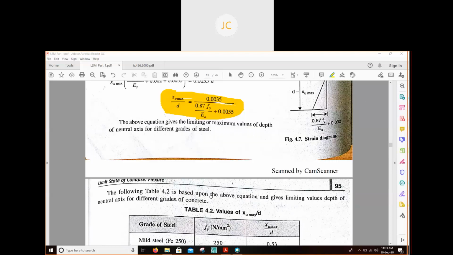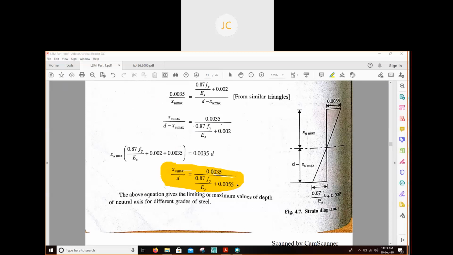D value will be given, Fy value will be given, Es is the modulus of elasticity of steel. So if you know these values, you can find out the maximum value of neutral axis.